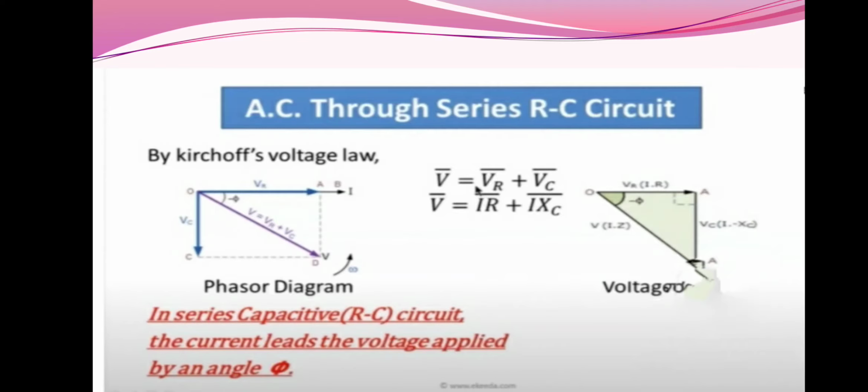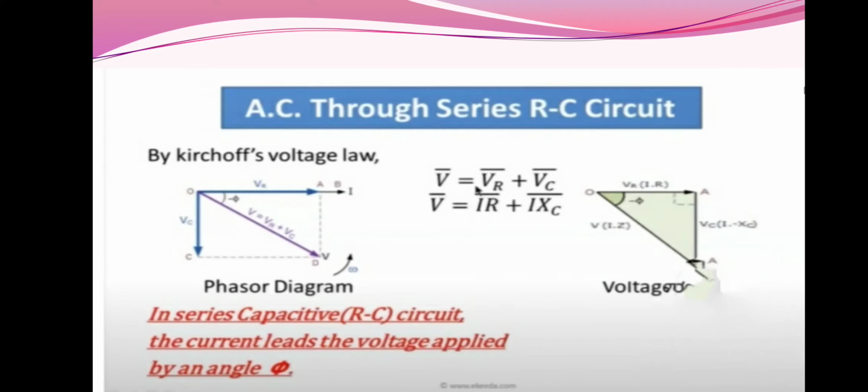Next we will see the phasor diagram or voltage triangle. Here V is nothing but the combination of VR plus VC. As current is the reference, we take I as the reference here. VR and I are in phase. For the capacitor, again I is the reference, and VC we have taken in the negative direction.